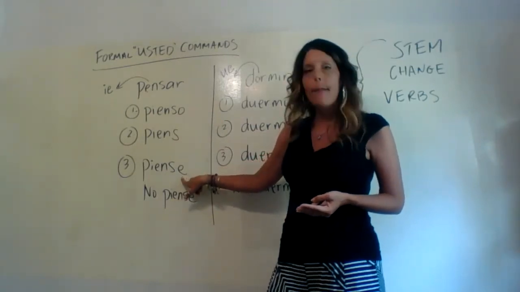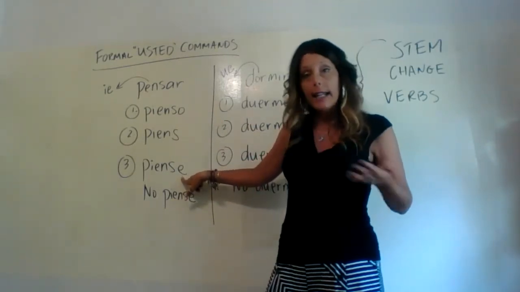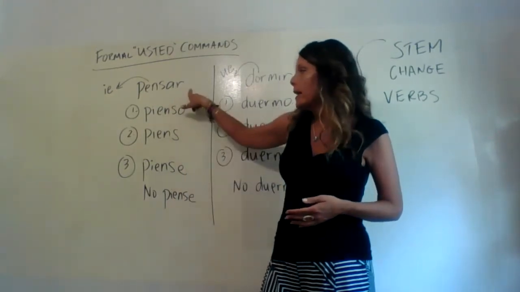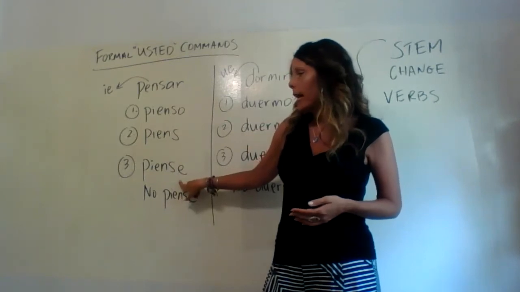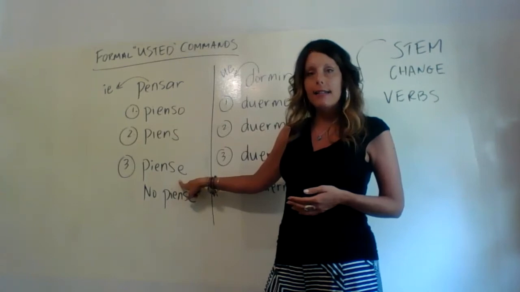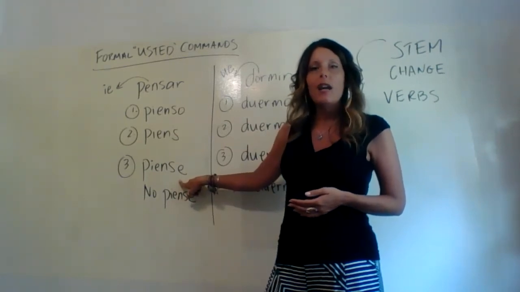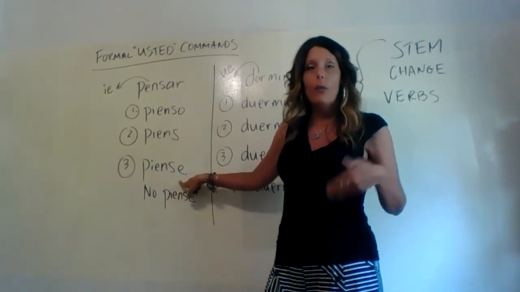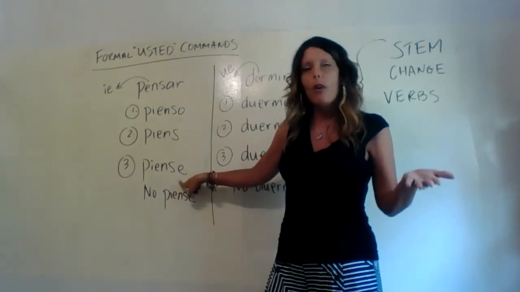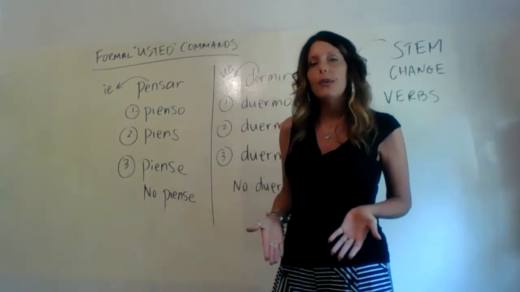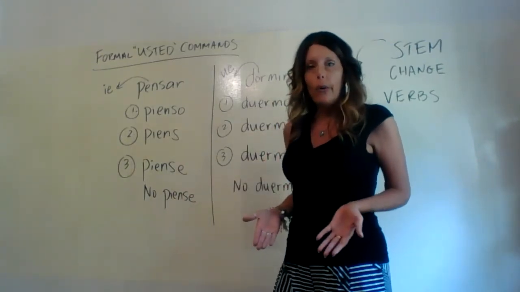Once we get to this step, we have now created our formal usted command with pensar, and it's spelled P-I-E-N-S-E, and it's pronounced piense. So that is the affirmative command, think. But what if I wanted to make the negative, don't think? All I would have to do is add the word no in front of it.